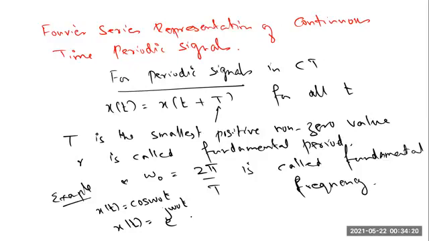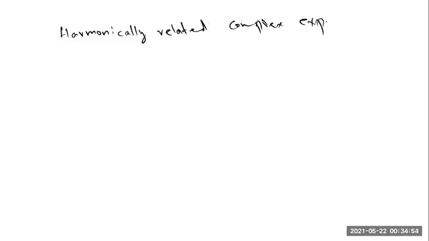And we also use the concept of harmonically related signals. If you remember, when I was covering that topic, I mentioned that this concept will be used later on in this course. So now is the time to use that particular concept of harmonically related complex exponentials.